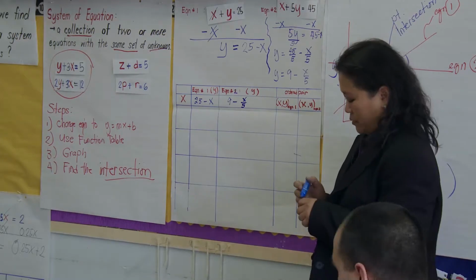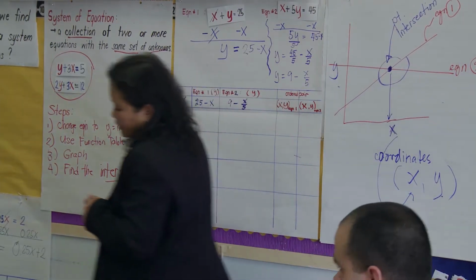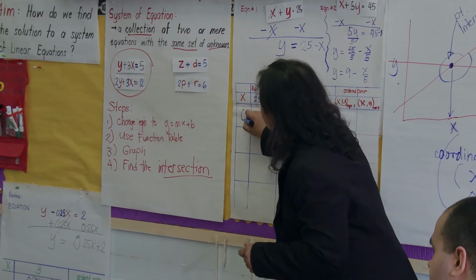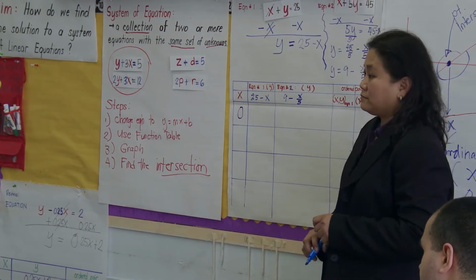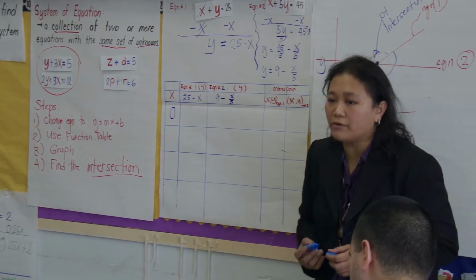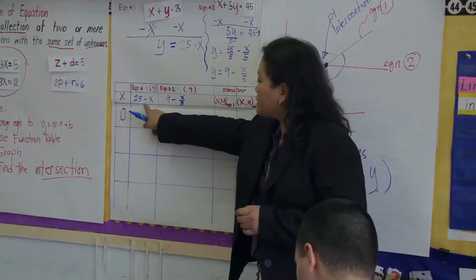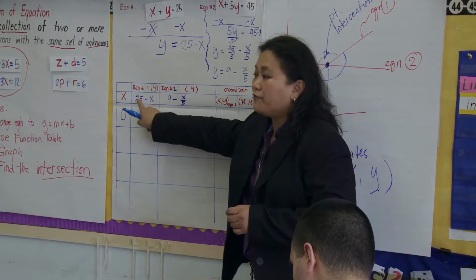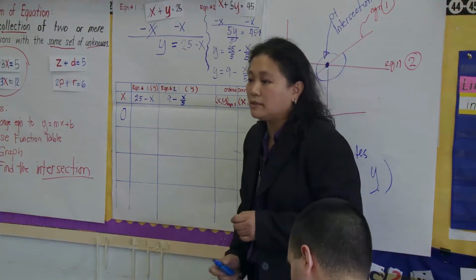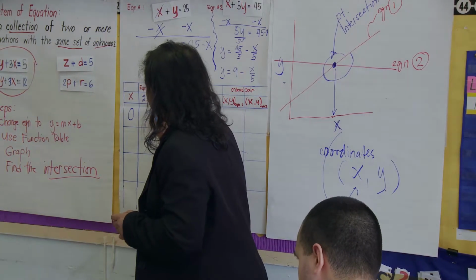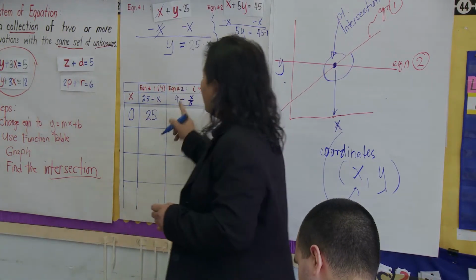Okay, so let's start with, to make it easy, let's start with 0. If x is equal to 0, what's the first one? Remember, you're going to substitute in here. 25 minus 0 is 25.